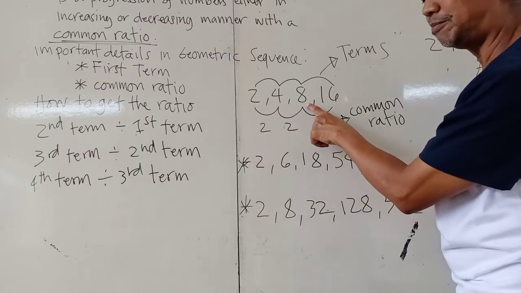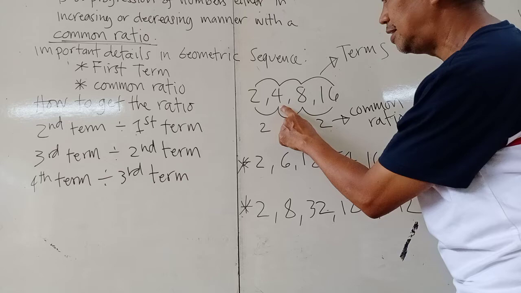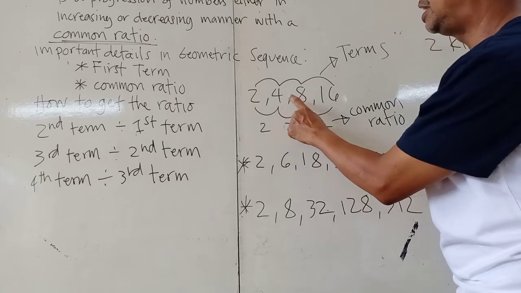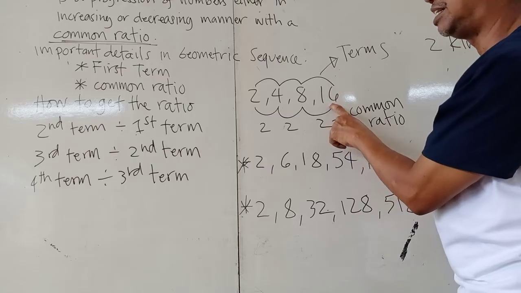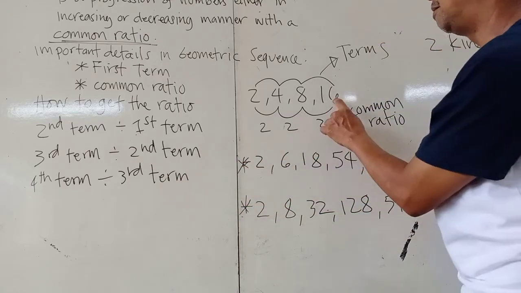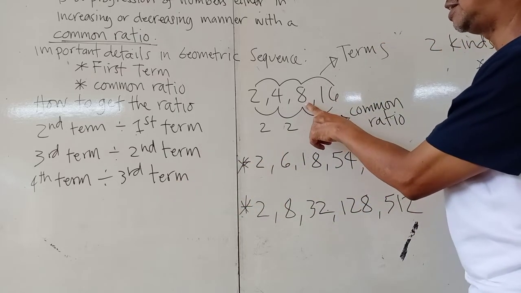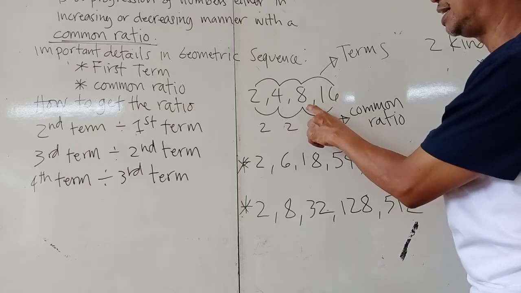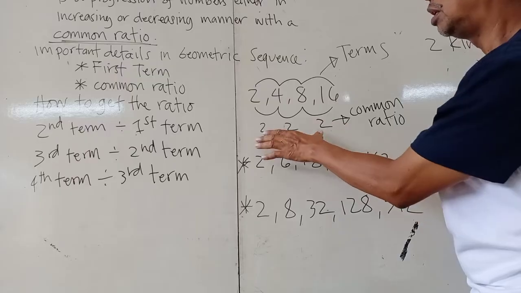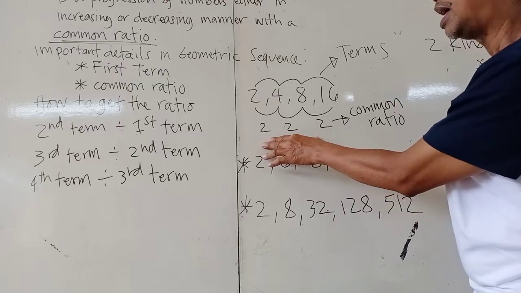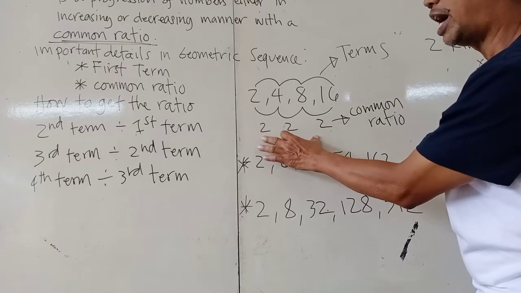The third term, you divide it by the second term, 8 divided by 4, is 2. The fourth term, 16, you divide it by the third term, 16 divided by 8, is 2. So, 2, 2, and 2, they are the same, and that is why they are called common.